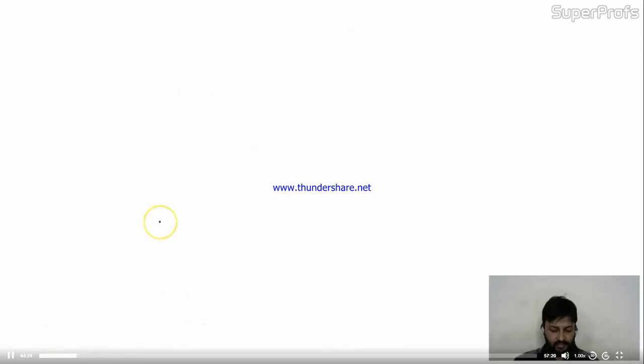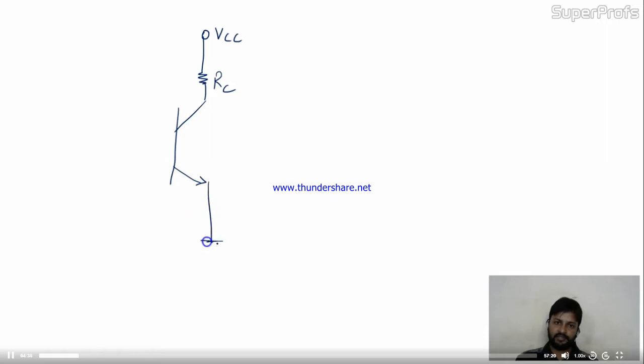The circuit given is, let me draw the circuit over here. RC, VCC, over here the transistor is connected. This is a BJT actually. This is the input stage. At the input stage I applied current and it's grounded. This is the feedback over here, the feedback resistor.